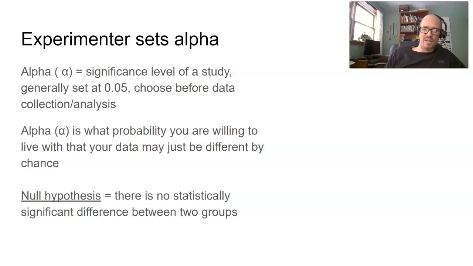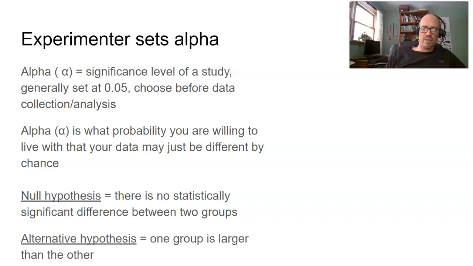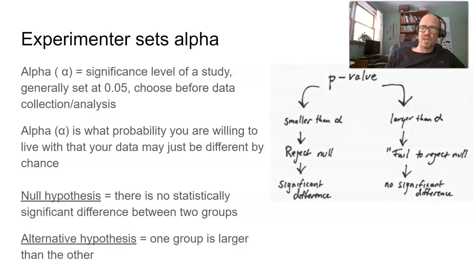The null hypothesis is that there is no statistically significant difference between the two groups. And your alternative hypothesis is that one group is larger than the other, and not just a little bit larger, significantly larger. So here's our little branching diagram. So you have your p-value, whatever it ends up being.